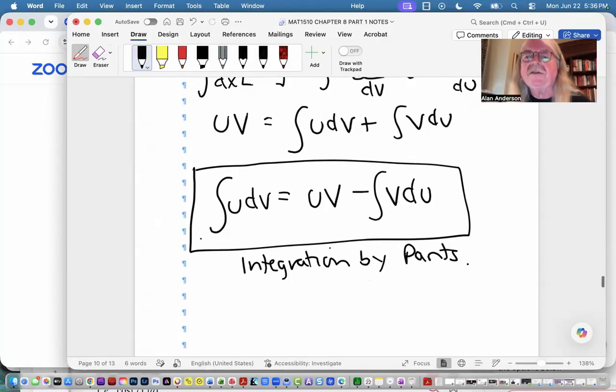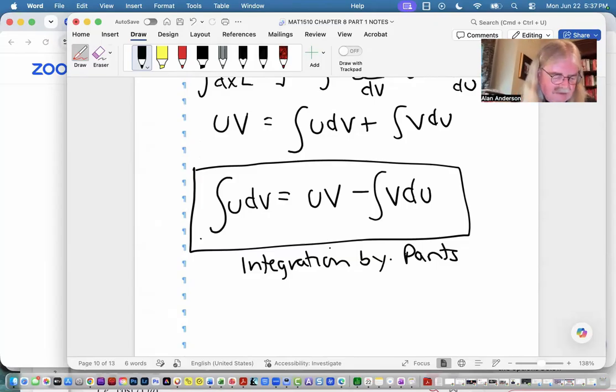So when you have an integral and you think it might be possible to use integration by parts, what you have to do is figure out what to define as u and what to define as dv. Now, if you do it correctly, you'll end up with a simpler problem. If you do it incorrectly, you'll have a mess. So you'll know to try something different.